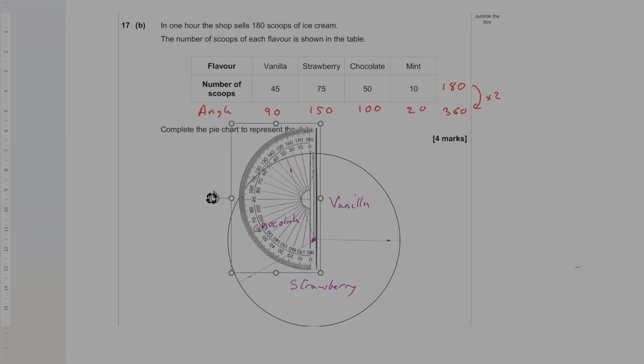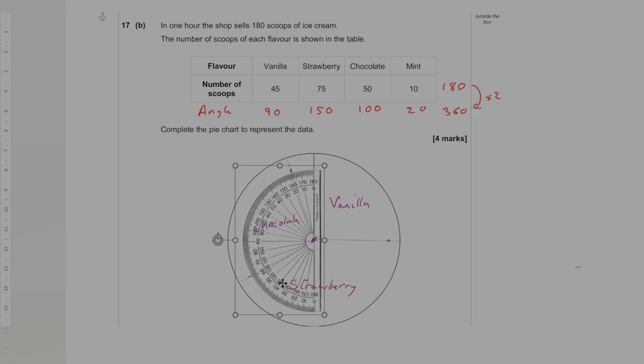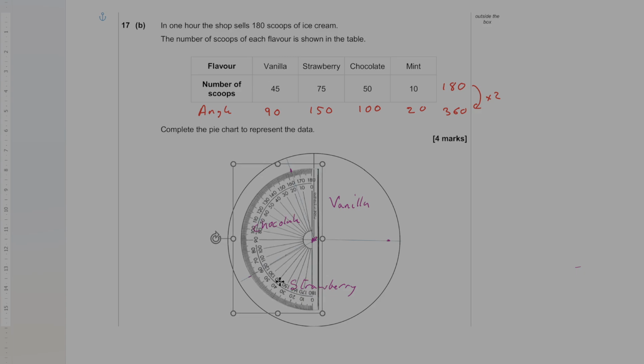So let's just measure it. It's always good to check. I'm a little bit out. Let's just work out where I've gone out.